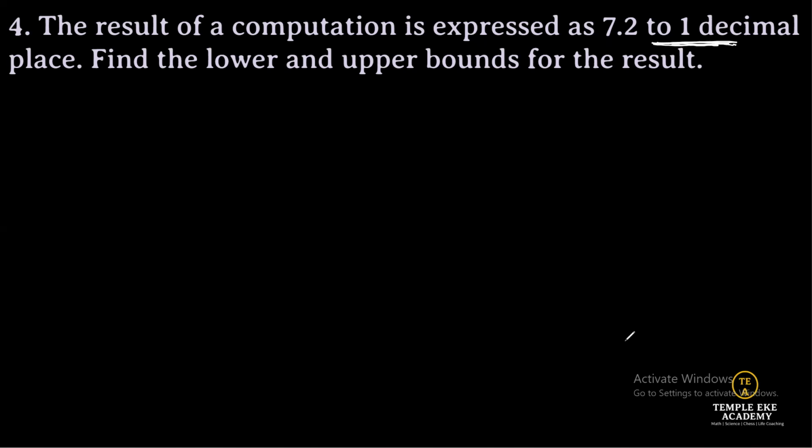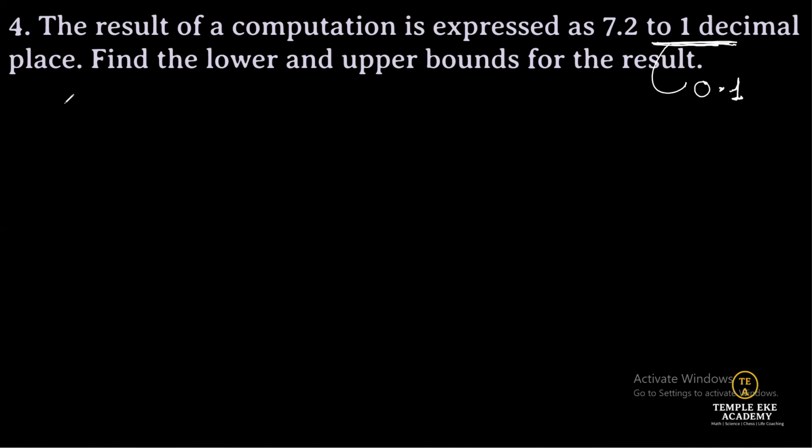Because we have 1 decimal place, we can infer that our degree of accuracy is 0.1, which means 1 digit after the decimal point. That means we can easily get a possible error from there.